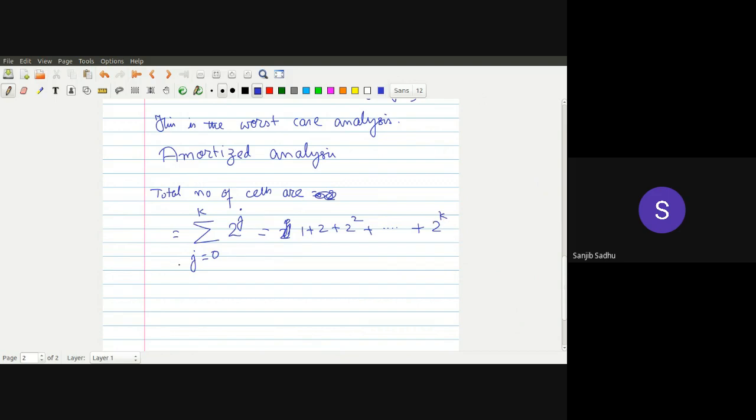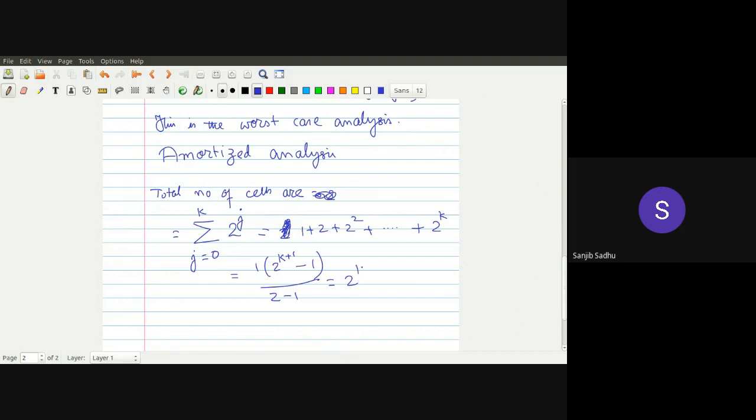Now you know this is a GP series, a into r to the power n minus 1 by r minus 1. So a is 1, r is 2, and there are k plus 1 terms, so 2 to the power k plus 1 minus 1 by 2 minus 1.